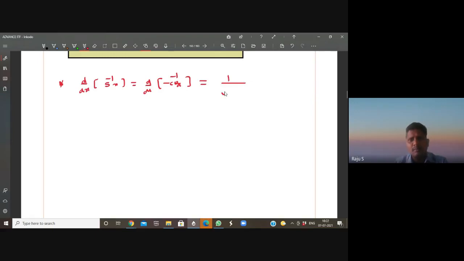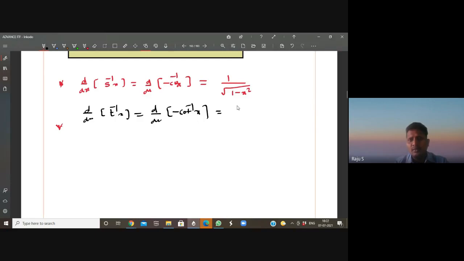That is equal to 1 by root over 1 minus x square. Clear, students? And next, the derivative of tan inverse x should be equal to the derivative of minus cot inverse x.